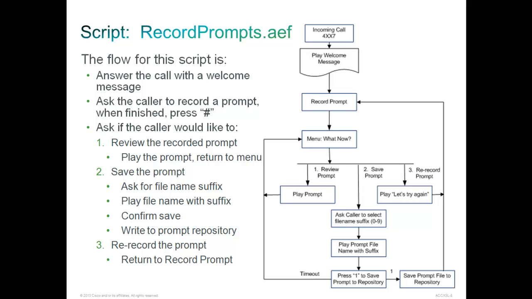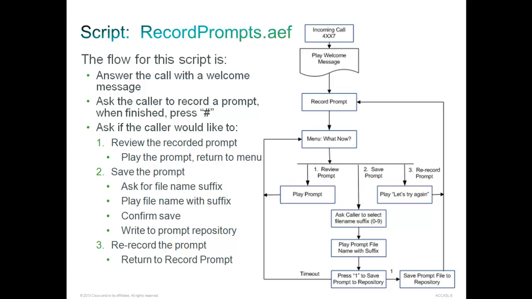And then there's a menu that would ask the caller if they would like to review the recorded prompt, and they can, at that point, play that prompt that they just recorded and return back to the menu here. The second option is to save the prompt, and that option will ask for a file name suffix. This script will record up to 10 prompts with the same file name by adding a suffix, 0 through 9, onto the end of the file name.